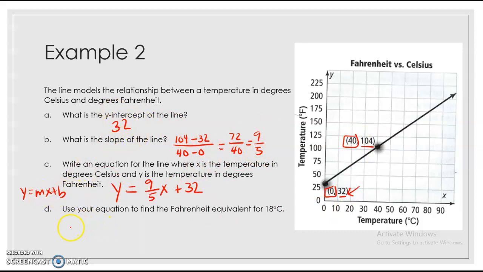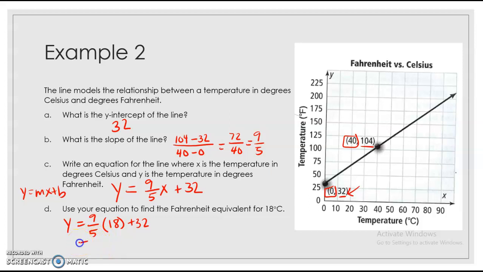All right, now we're going to use the equation to find the Fahrenheit that is equivalent to 18 degrees Celsius. So Celsius is our x. So I'm going to do y equals 9/5 times 18 plus 32. The way I did 9/5 times 18 was 9 times 18 divided by 5.